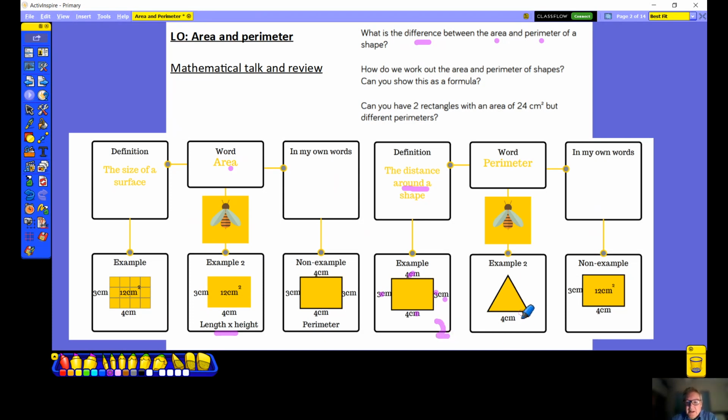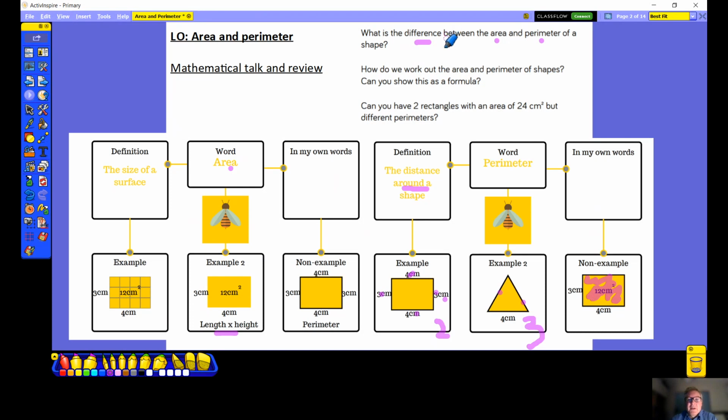Here's another example. That's the equilateral triangle. 4 plus 4 plus 4, or 4 times by 3. And this is not an example because this one here is working out the area and not the perimeter.